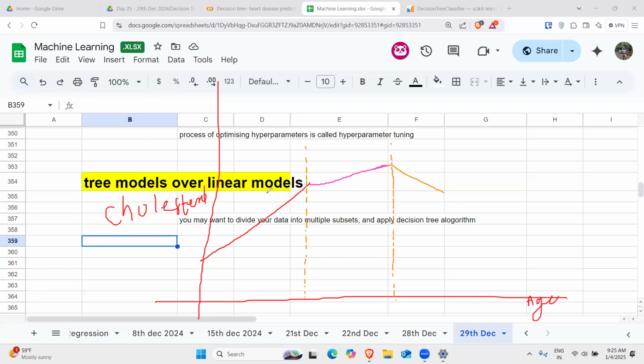If you apply a linear regression model to this entire line from here to here, it will not help you out.